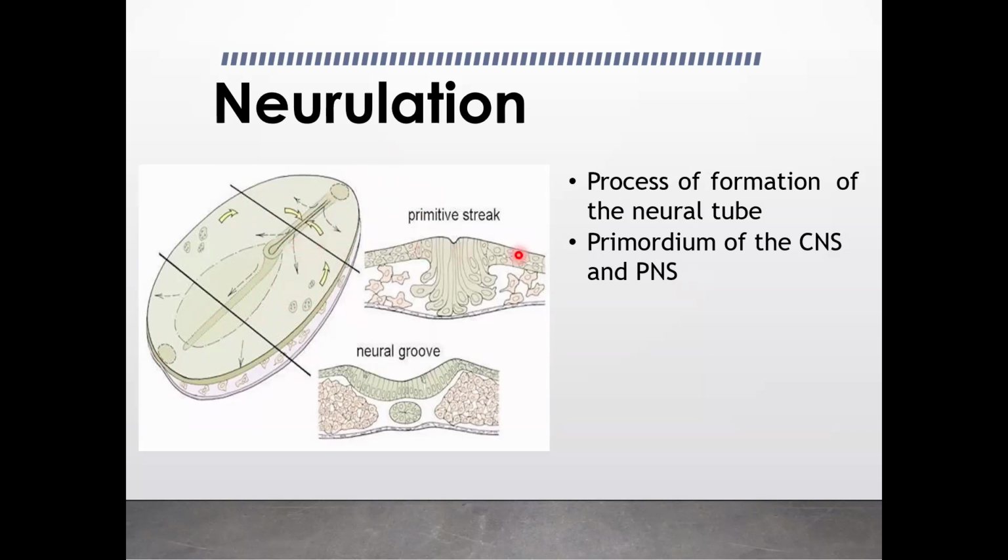Then after some time, through the primitive streak, the cells of the epiblast will migrate downwards. First of all, they come and displace the hypoblast cells to give the endoderm. And then after that, we'll have the cells that are also migrating to fill up this middle space to give you the mesoderm. So that's the process of formation of the three germ layers, the process of gastrulation.